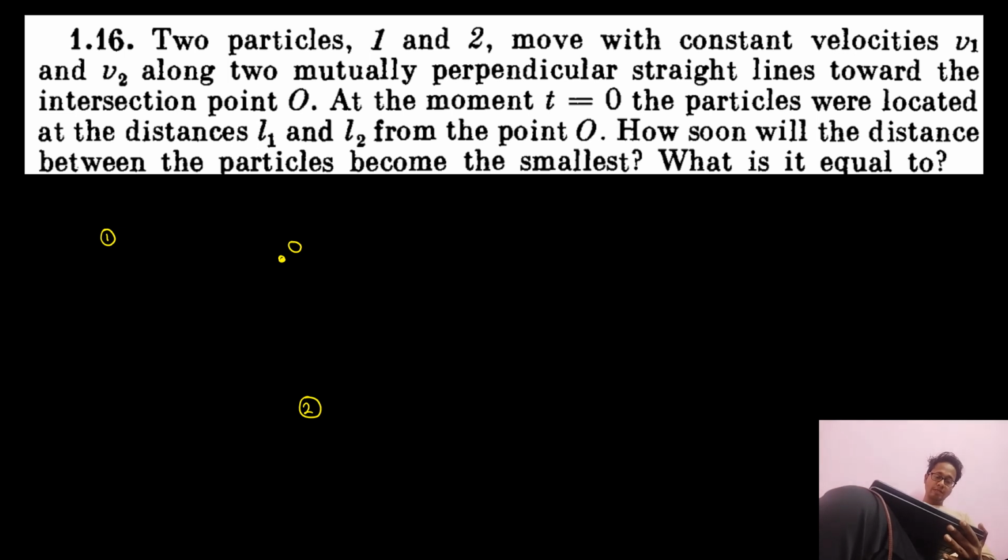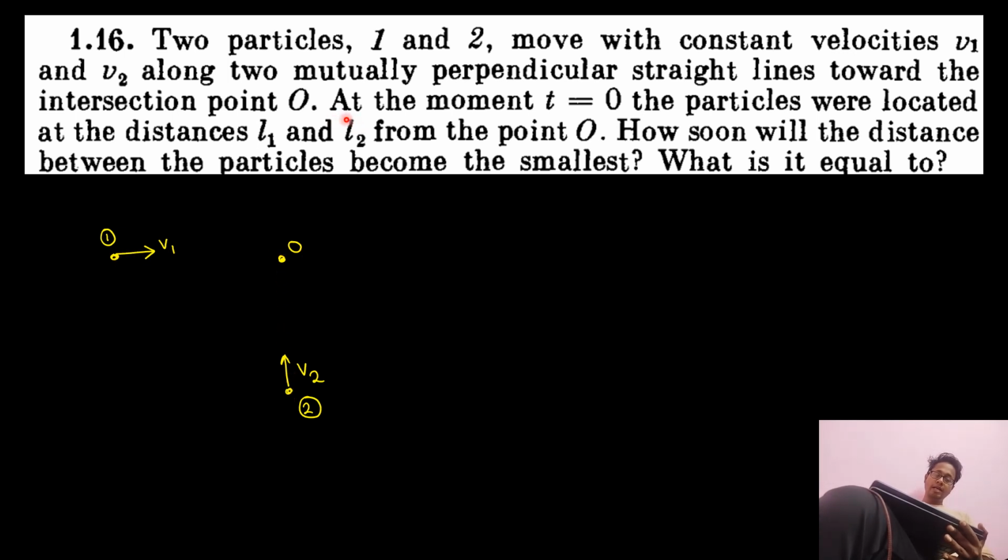That means this particle is moving in this direction with velocity v1, and this particle is moving towards O with velocity v2. The angle between v1 and v2 is 90 degrees, mutually perpendicular, and they're moving in a straight line with constant velocities.